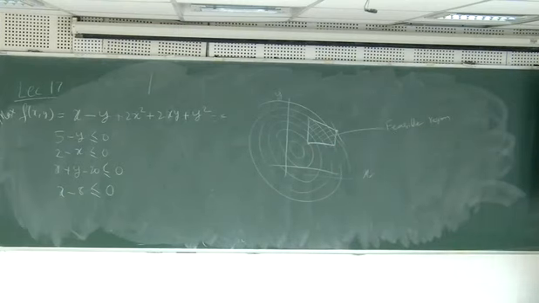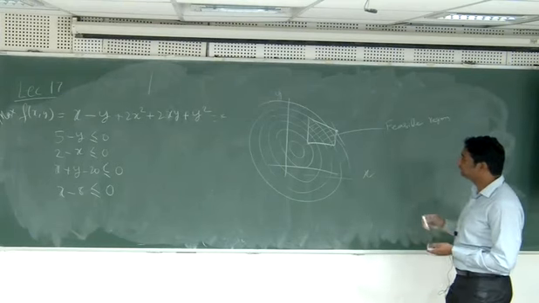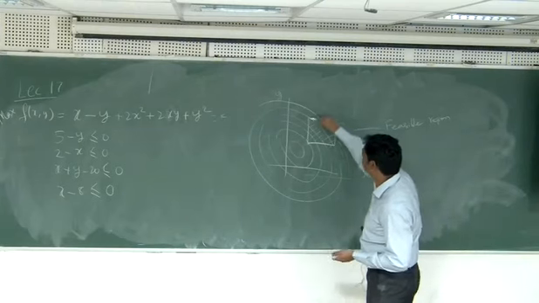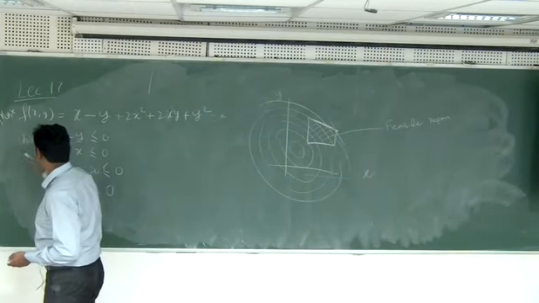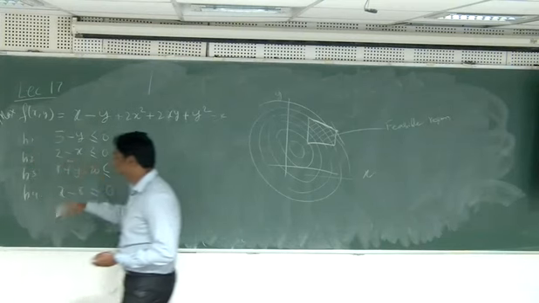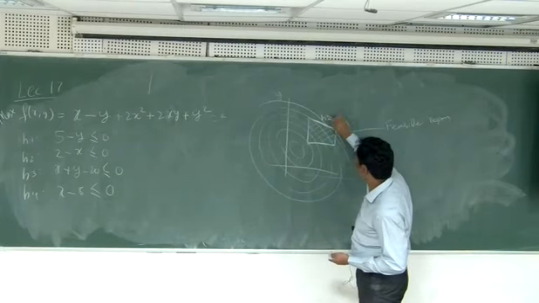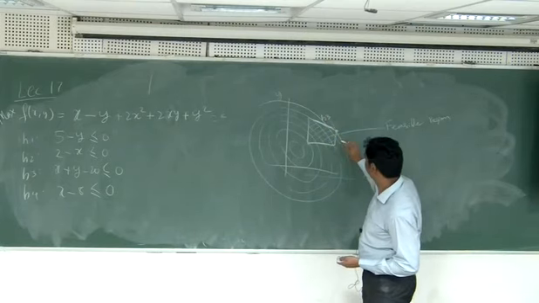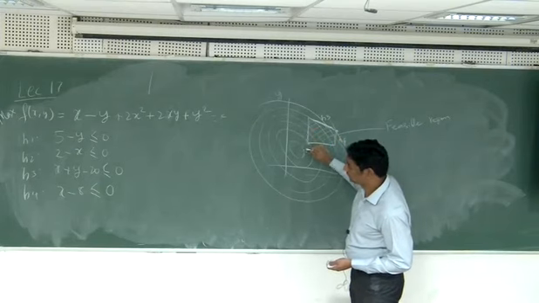So what is the best way of solving it? If you notice the constraints, let's give them numbers: H1, H2, H3, H4, 4 constraints. This one is H3, this one is H4, this one is H2 and this one is H1.